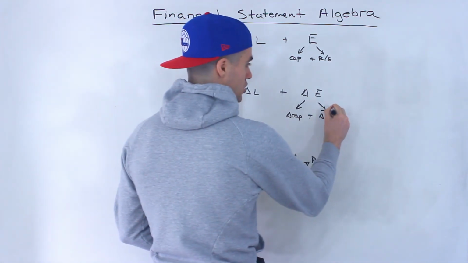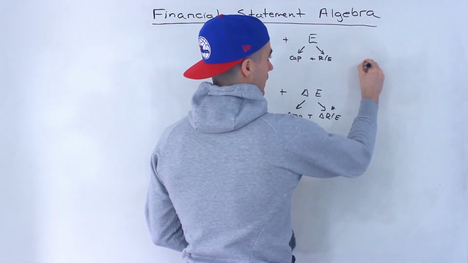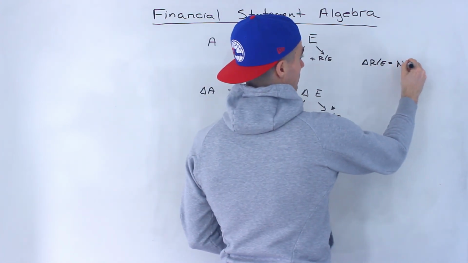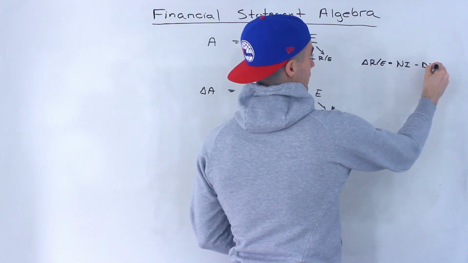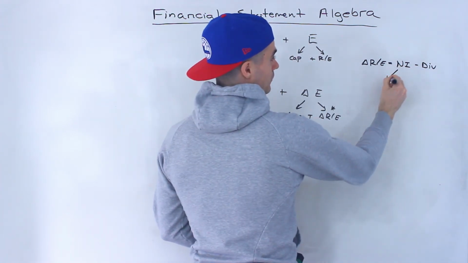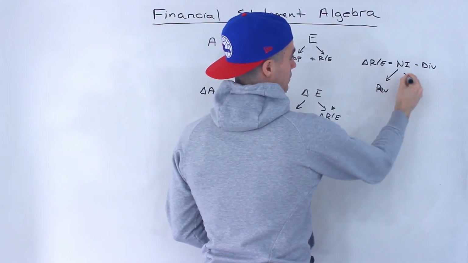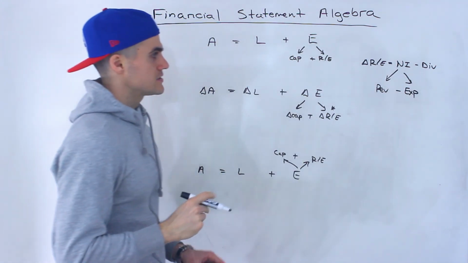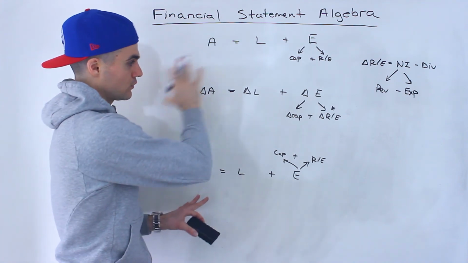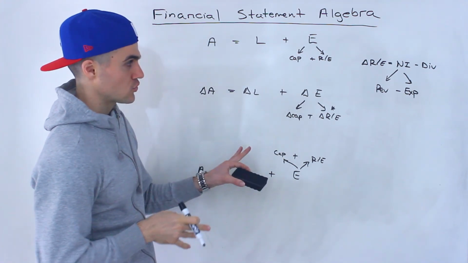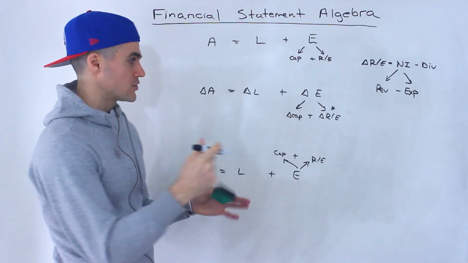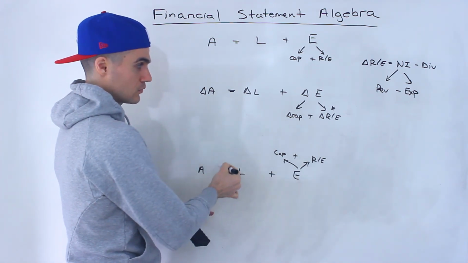And then this change in retained earnings, we could have a separate calculation up here. We know that that's equal to net income minus the dividends. And then the net income we could break down into revenue minus expenses. All right, so notice that that was pretty quick, drawing out the full flow diagram in short form. And then, depending on what's given in the question, we're just going to fill in what's given.